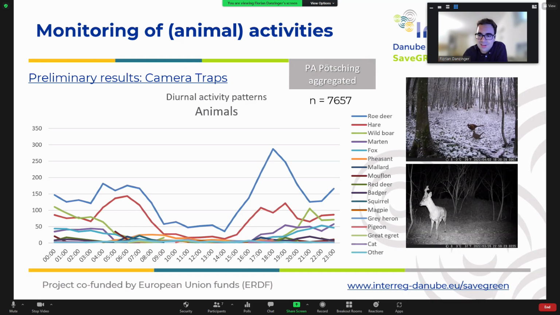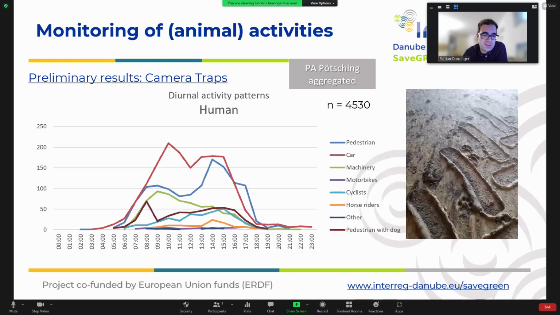I think for wildlife ecologists, this would pose also some nice data. And you can do it, of course, for the human activities. There is an interesting peak, for example, of dog walkers right before they go to work at 8 o'clock in the morning, or, for example, the cars that passed the monitoring site.